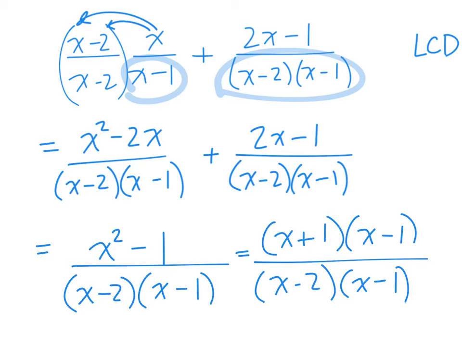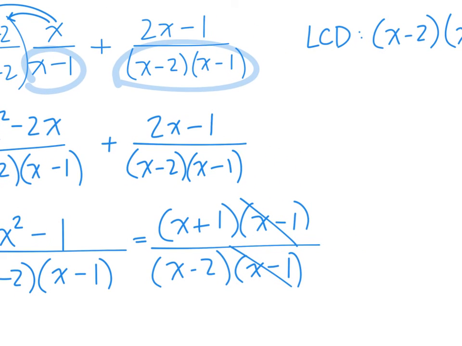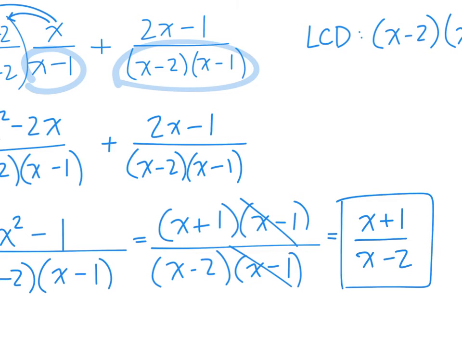Now you can see that there are some factors that are going to cancel. This becomes x plus 1 over x minus 2. So this is the most simplified form. And you get to that by making sure both terms have the same denominator and then add them together.